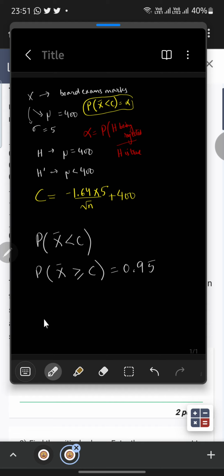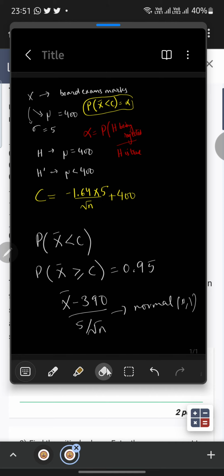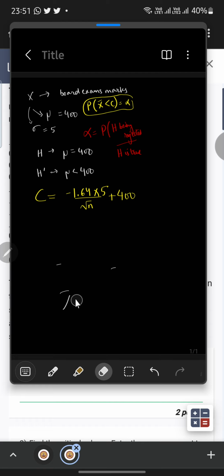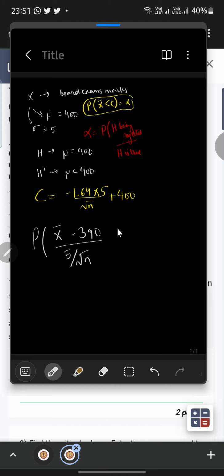So we can say that (X̄ minus 390) upon 5 over root n will be normal 0 to 1, right? We will use the same here, and from that we can say, if we are strong in the central limit theorem, that it is less than (C minus 390).